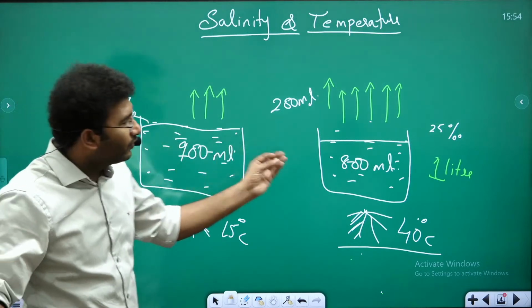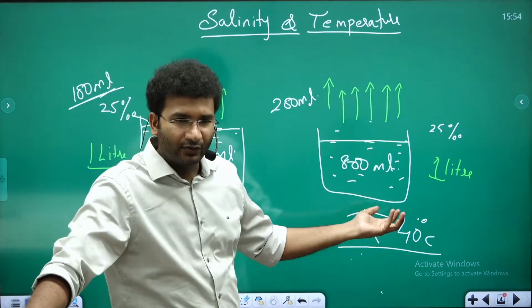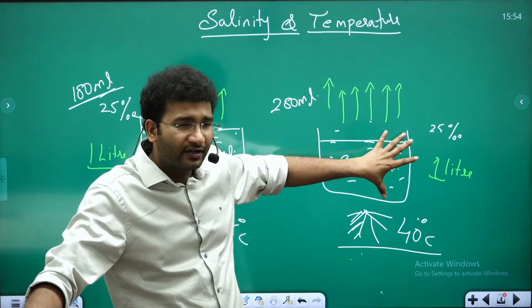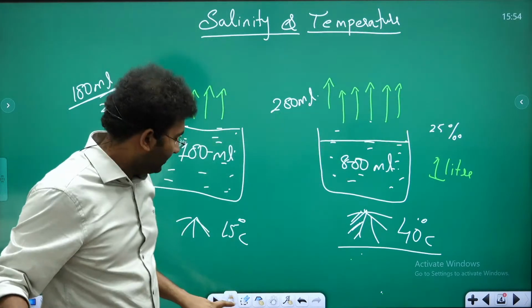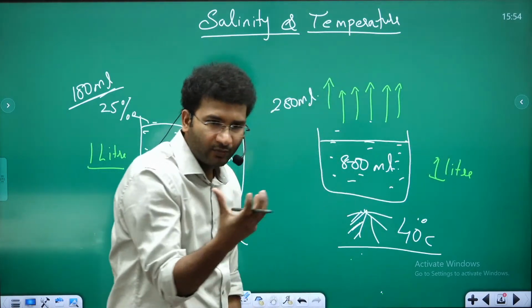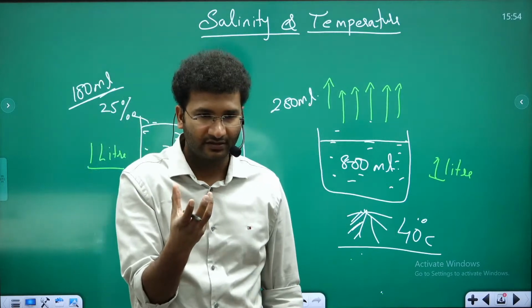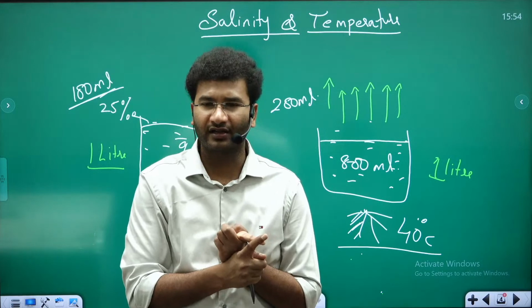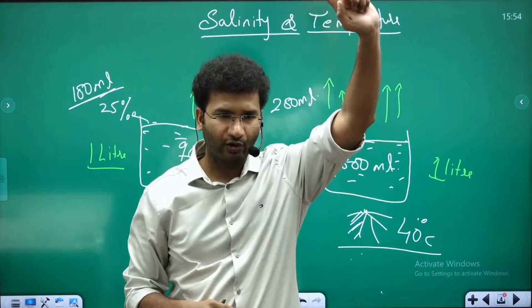So if you increase the temperature of the ocean, the rate of evaporation will be more, and ये जो है ना salinity भी बढ़ती है. It is the same amount of salt now present in less amount of water, right? So because of that, temperature अगर कहीं ज़्यादा है ocean के अंदर, the rate of evaporation will also be more.